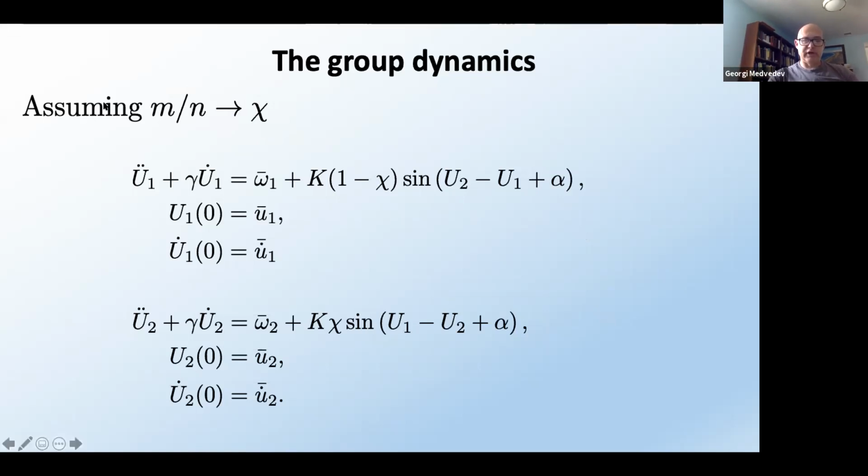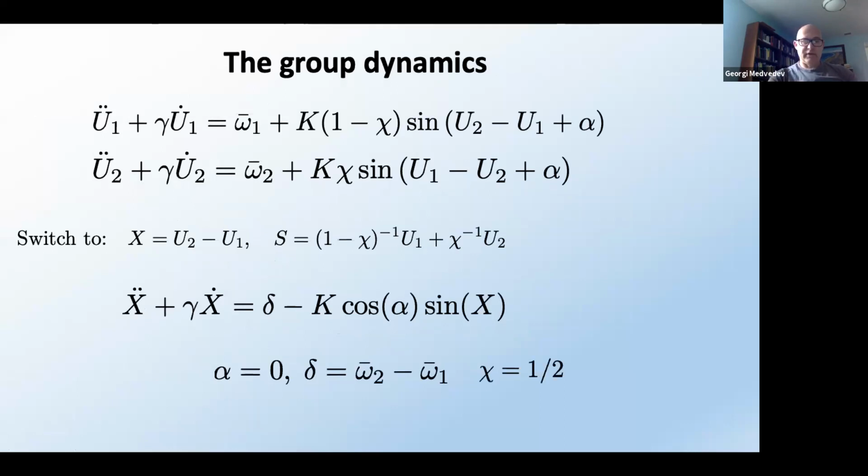For each cluster, we have a coupled system of second order equations with deterministic initial conditions. The initial conditions for the first cluster are simply the mean positions at time 0 and the mean velocities at time 0. And the same for the second cluster, and then they're coupled, right?